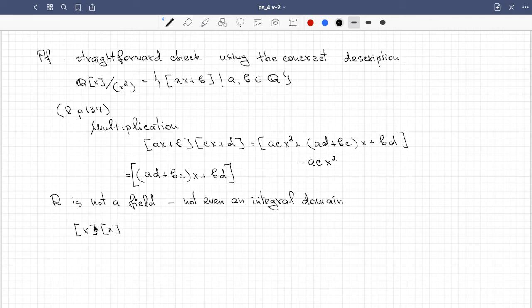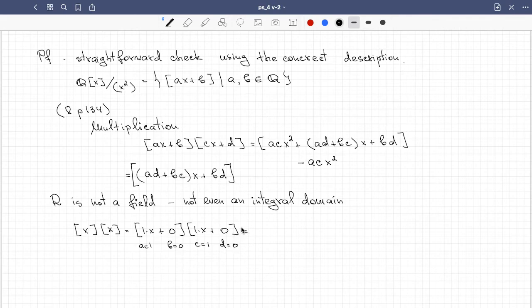This is x is ax plus b, 1x plus 0, 1x plus 0, meaning a is 1, b is 0, c is 1, d is 0.